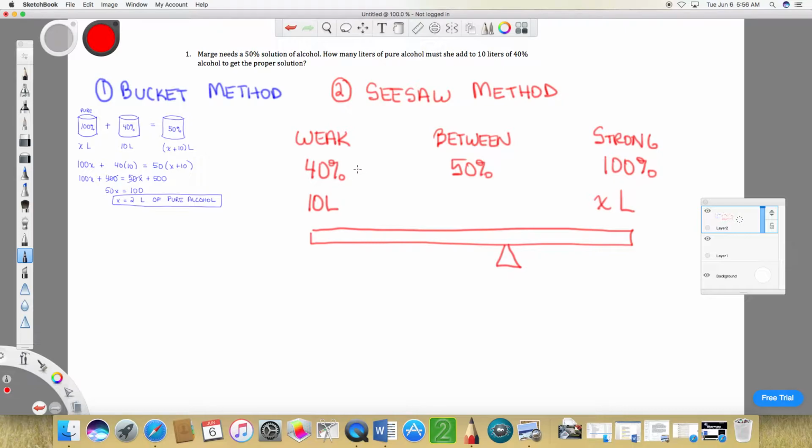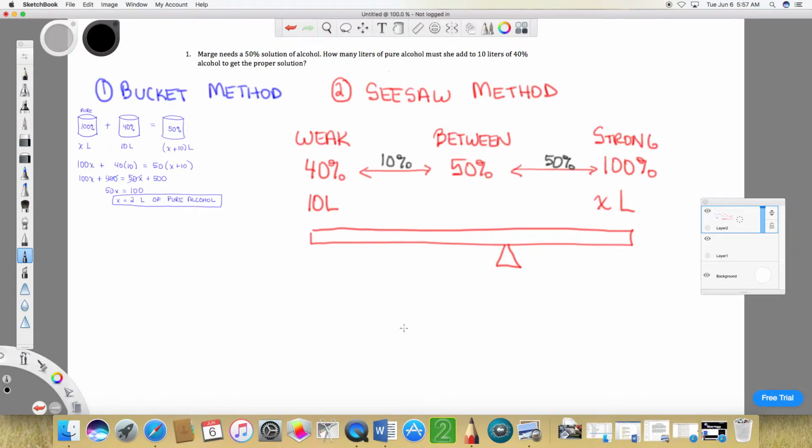So we need the difference between these two numbers, and the difference between these two numbers. That's our distance. So 50% minus 40% is 10%, and 100% minus 50% is 50%. We're thinking of that as the distance to the fulcrum.